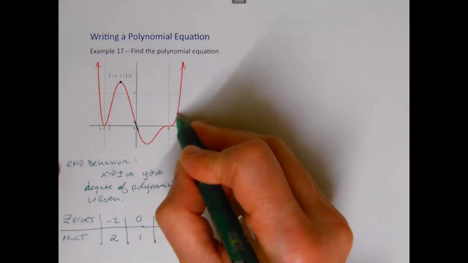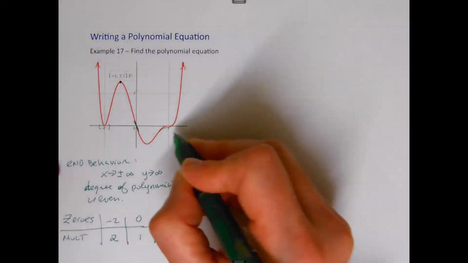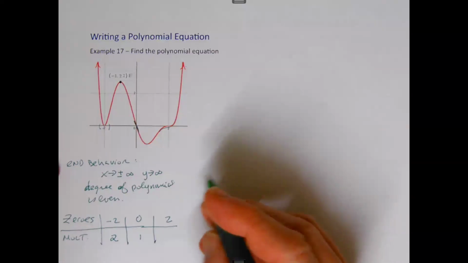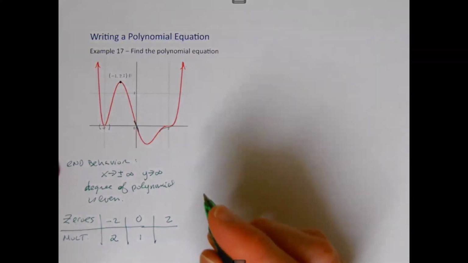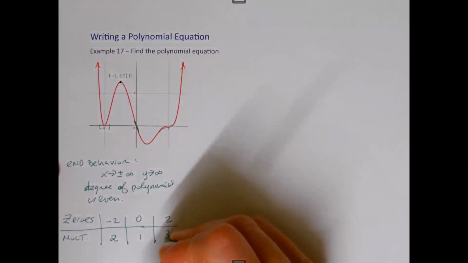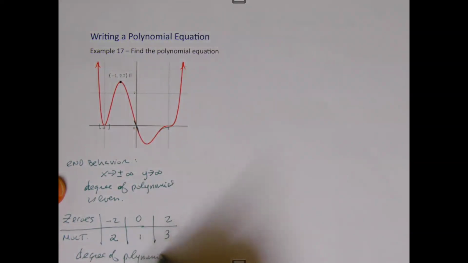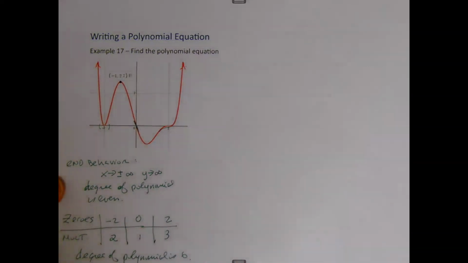Is that S-shaped? This S-shape is done if you got 3 being the smallest, or 5 or 7, or any odd power, but I'm going to choose the smallest. So when I look at these multiplicities, the degree of my polynomial is 6. So it's a 6-degree polynomial.